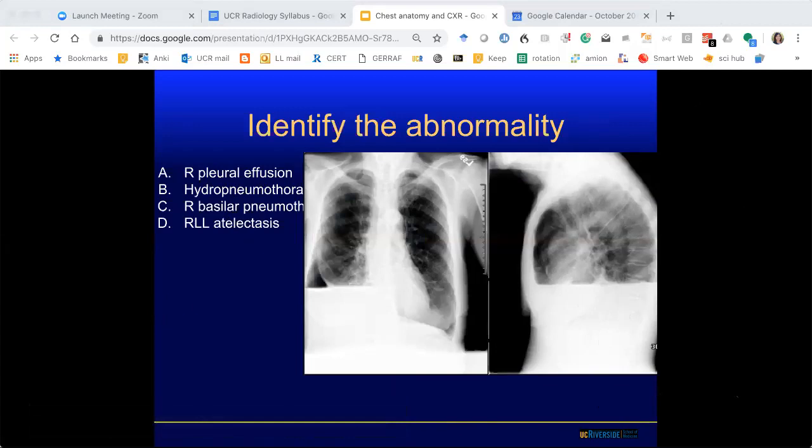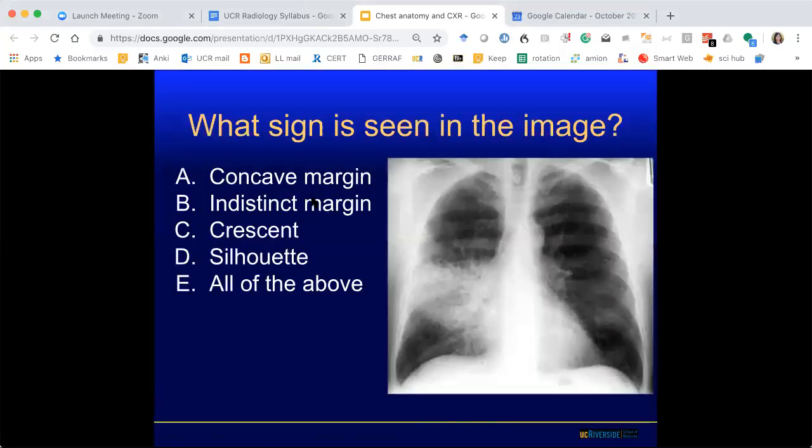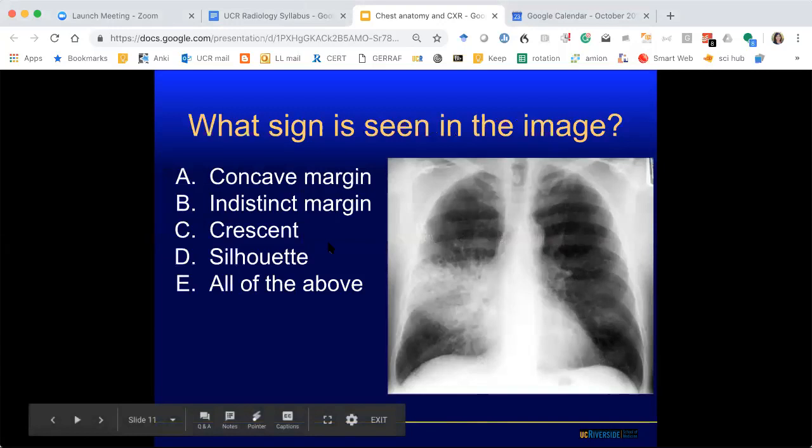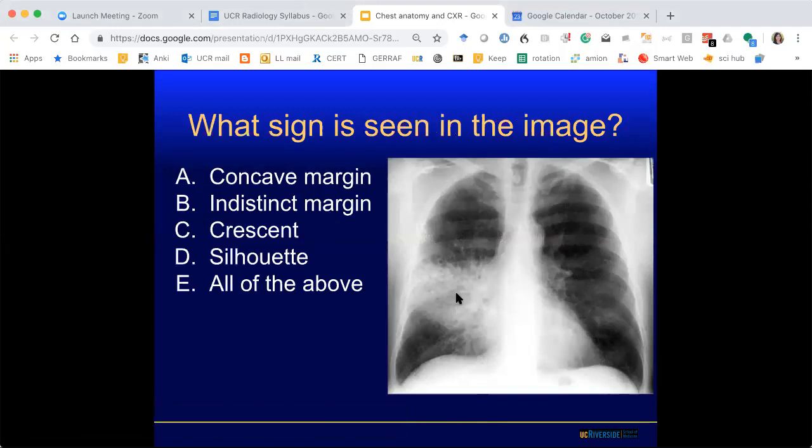Okay. So maybe a hydropneumothorax. We'll review these questions. So possibly B is the winning choice so far, hydropneumothorax. And what sign is seen in this image? Concave sign, indistinct sign, crescent sign, silhouette sign, or all of the above? Any guesses? Okay, so we'll review that.